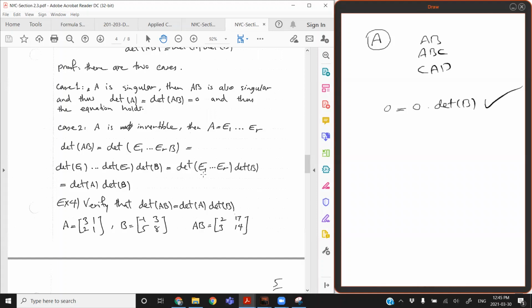So it's going to be the determinant of E1 times E2 all the way to ER, times the determinant of B. But this here is A, so I get the determinant of A times the determinant of B. So in both cases, regardless of whether A is singular or invertible, the determinant of AB is equal to the determinant of A times the determinant of B.